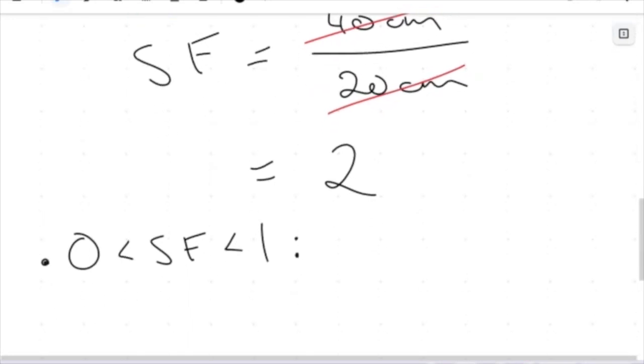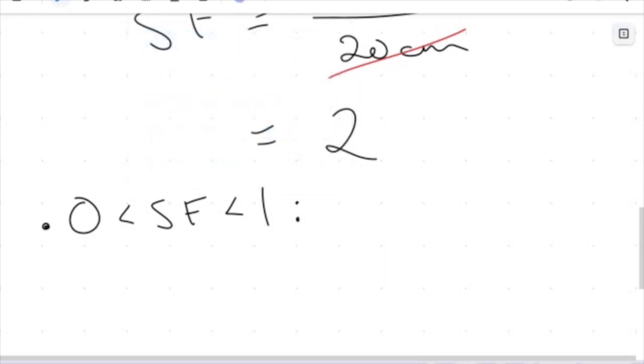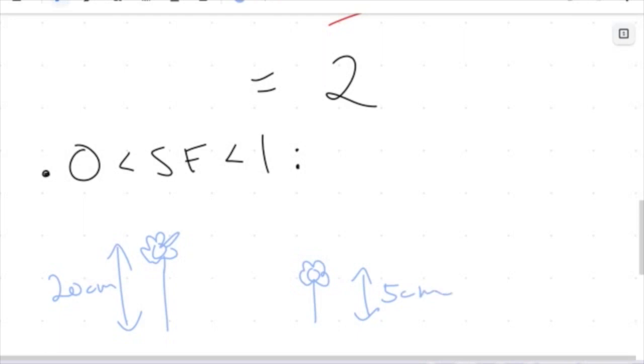So if we think about this through the idea of our two flowers, say the first was, I don't know, 20 centimeters, and I had another one, I created an image which was 5 centimeters.